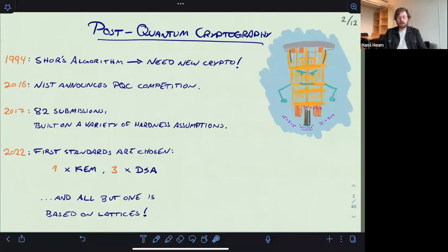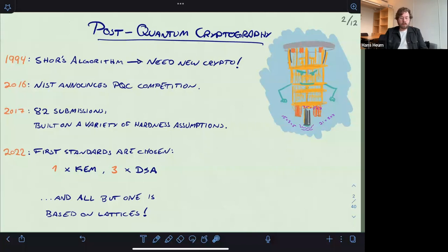In 2016, NIST, which is the National Institute of Standards and Technology in the United States, announced their post-quantum cryptography competition. In 2017, 82 submissions were submitted, and they built on a variety of hardness assumptions.